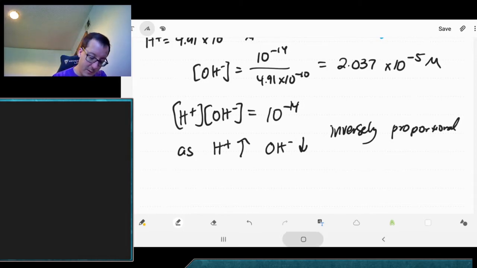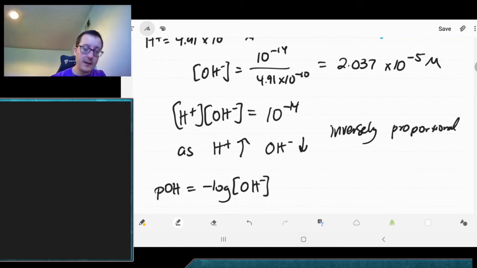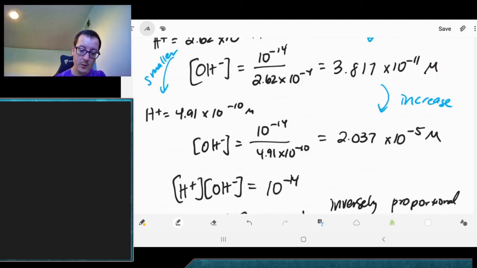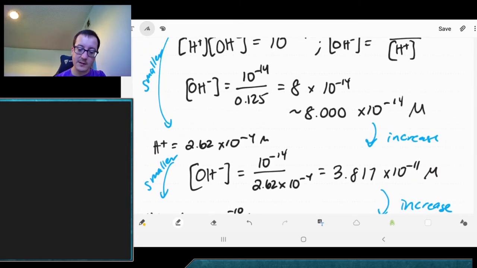Sometimes we also talk about pOH, which is the same calculation as for hydrogen, but instead we use hydroxide. We can do this for all of these as well. So let's see what the pOH of these would be.